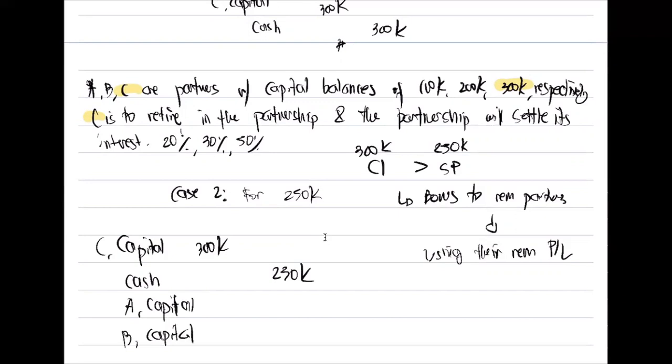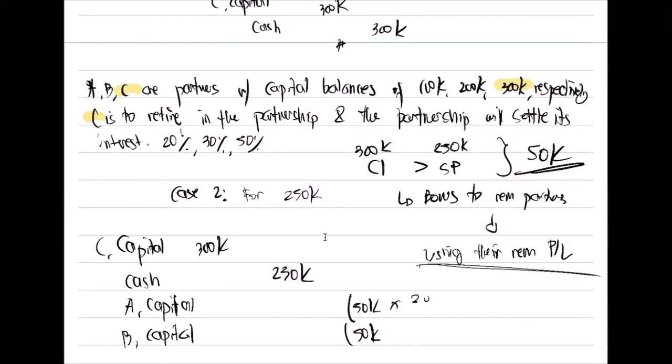So how much is their bonus? 300 versus 250, 50,000 bonus. So how do we share that? The 50,000, using the remaining profit or loss. So what is the remaining profit or loss of A? 20%. For B, 30%. But take note, since only two of them remain, A is 20, B is 30. So you take the ratio: 20 over 50 and 30 over 50.